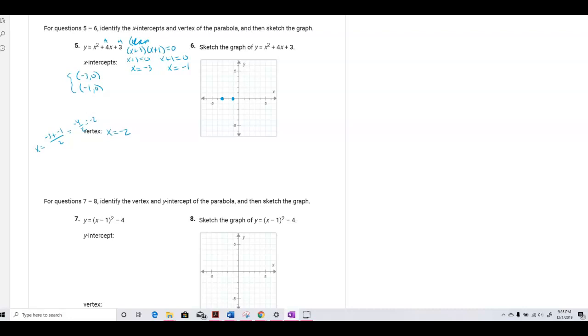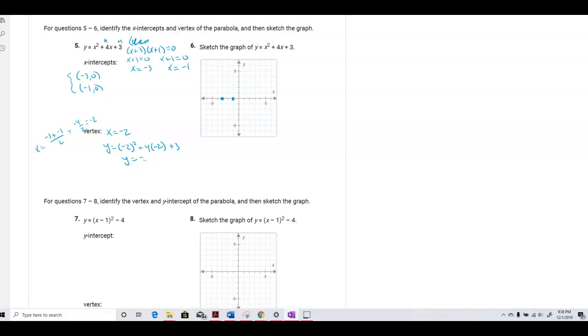So the x-coordinate of your vertex is negative 2. To find the y-coordinate, all we're going to do is plug this in. So negative 2 squared plus 4 times negative 2 plus 3 will give me a y value that would end up being negative 1 again.